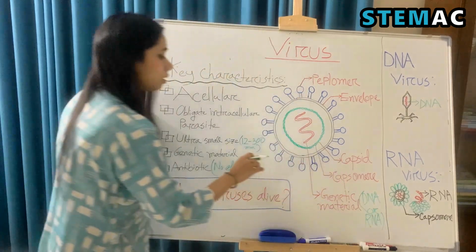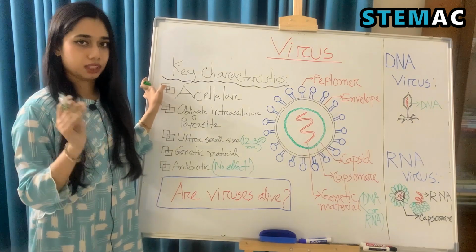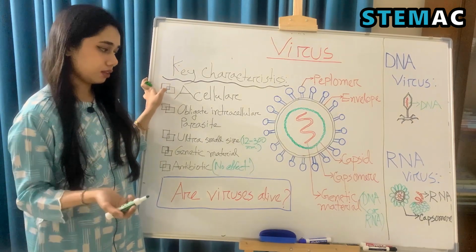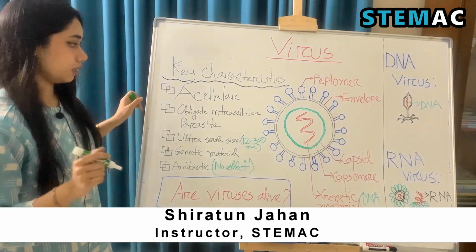Now remember, a virus can only have one of this genetic material. It's going to be either a DNA or RNA. Both cannot exist at the same time in a virus.